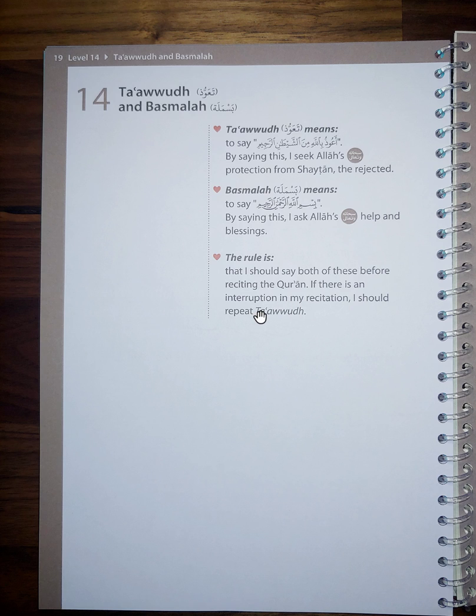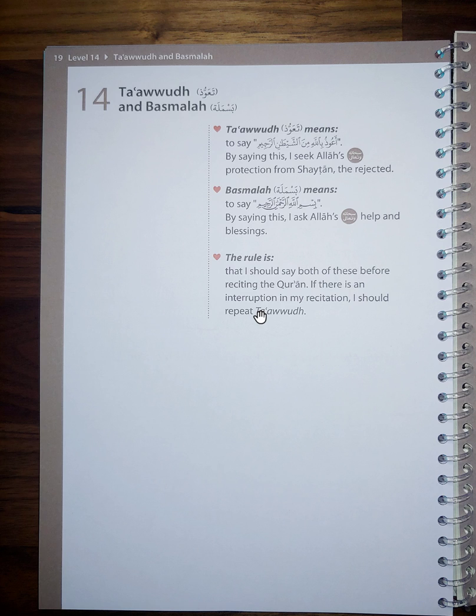Now what that means is, if you sit to recite Quran, for example, you have gone to class and you have opened your Quran and you are about to read, or you have opened your Tajweed book, right at the beginning you should say both ta'awudh and Basmalah. Then you should begin your reading.